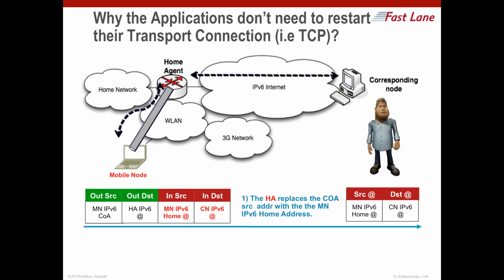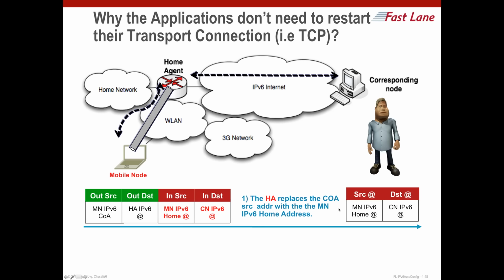It has a binding table where it sees that the mobile node IPv6 address is actually reachable through a care of address, and it encapsulates the traffic to the mobile node. This is true in both directions, okay?